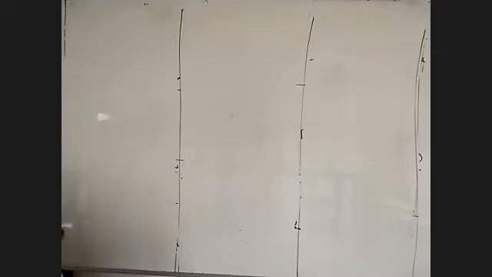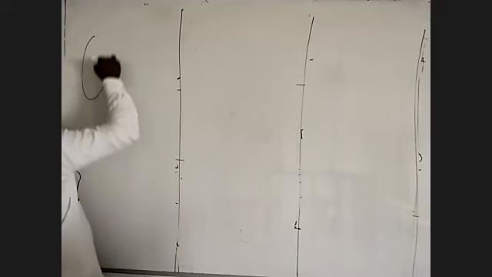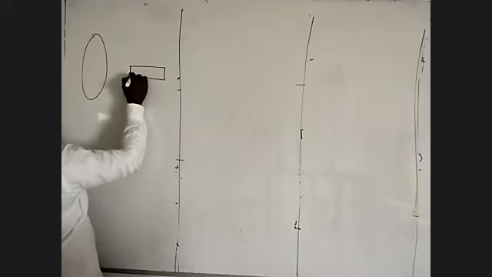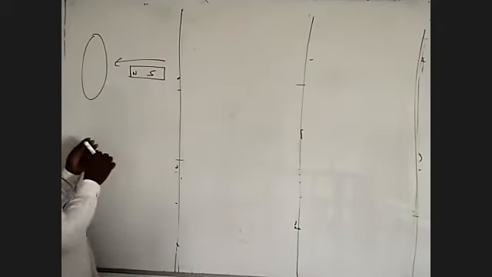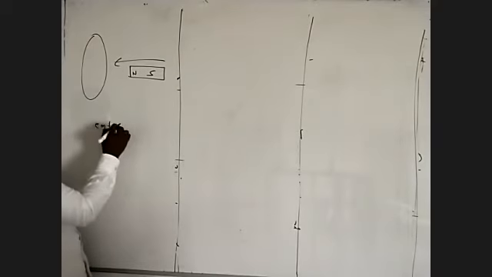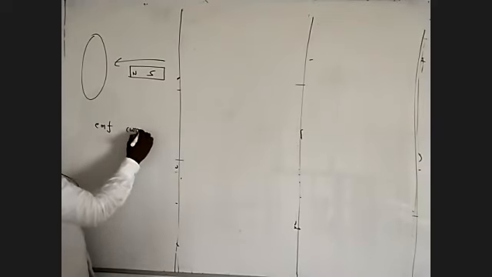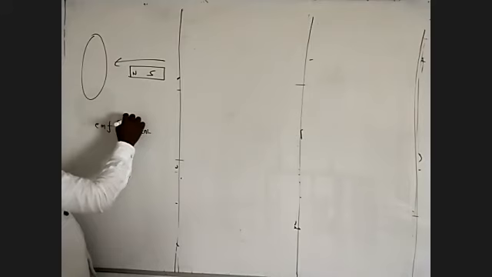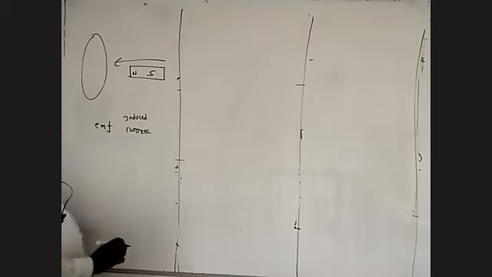Now you see that this is a coil. This is the north pole and south pole of the magnet, moving very fast. Now say EMF, induced current.